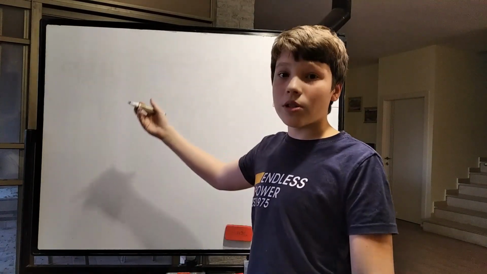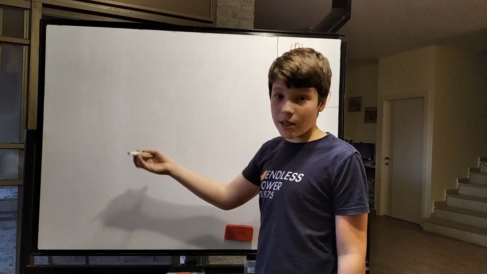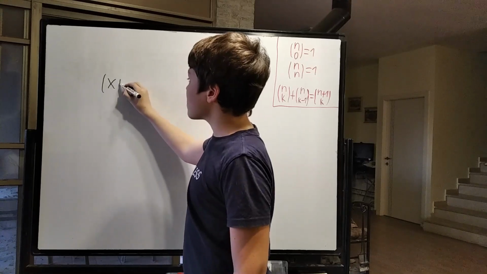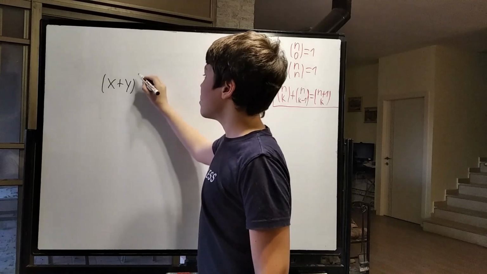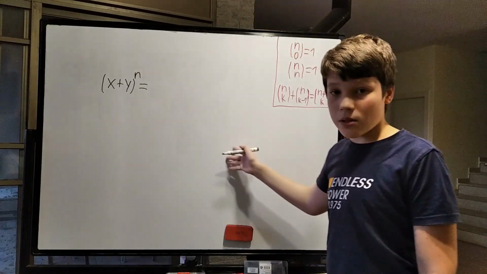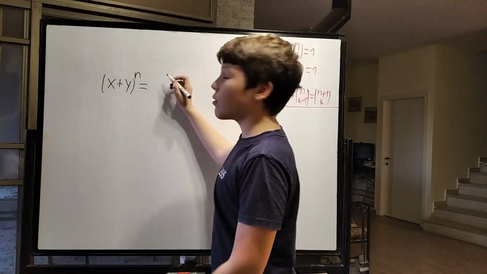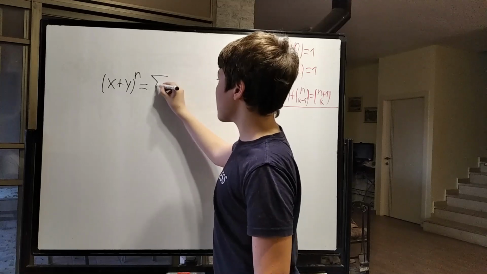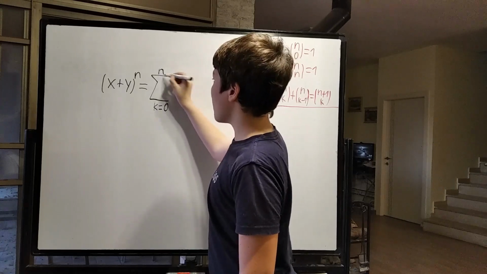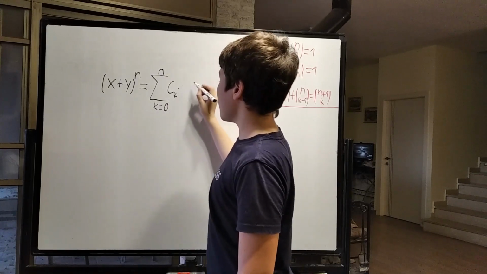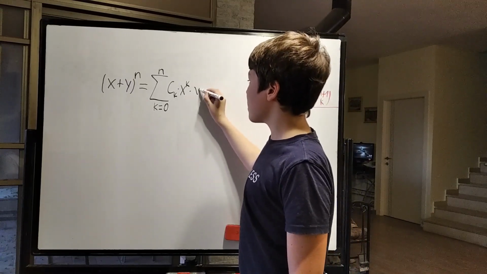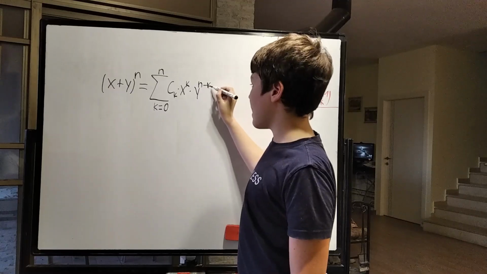Okay, so what we want to show, we'll prove this by induction, as you probably already guessed, that x plus y to some power n is equal to what I wrote out earlier. I'm going to write this as a sum, k going from 0 to n of ck times x to the k times y to the n minus k.